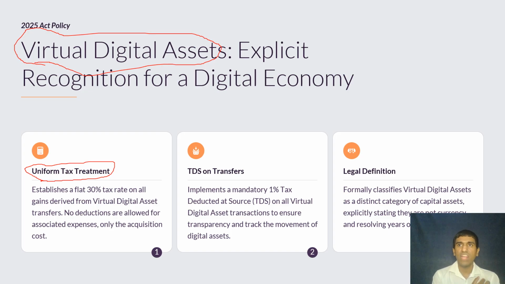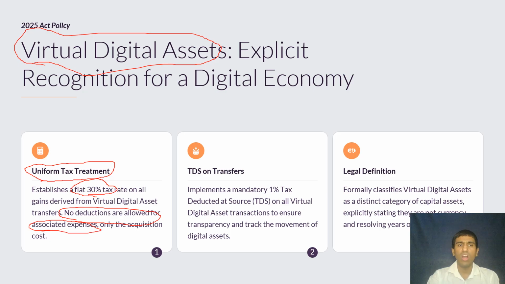When it comes to transactions involving transfers of virtual digital assets, any capital gains made on this attract a flat 30% tax on gains derived from VDA transfers. And again, here no deductions are allowed for associated expenses, only the acquisition cost.